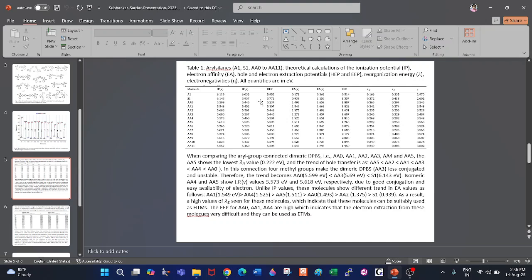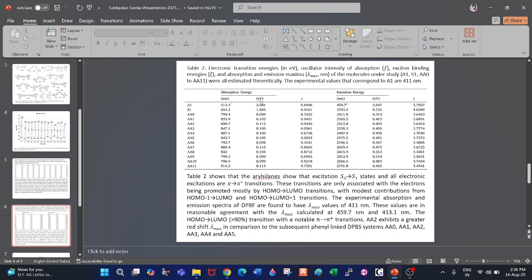Unlike IP values, these molecules show different trends in the electron affinity values as follows: AA1 is greater than AA4, is greater than AA5, is greater than AA0, and the least value is shown by S1, our starting material.